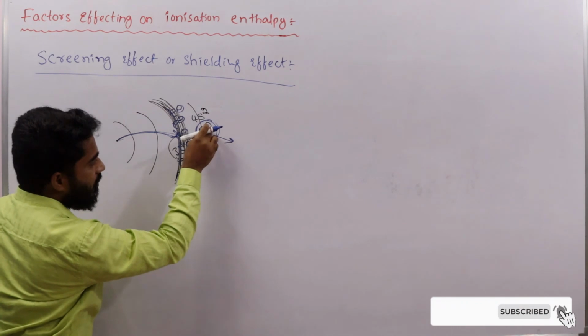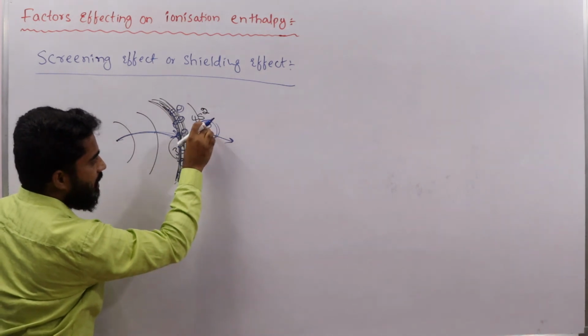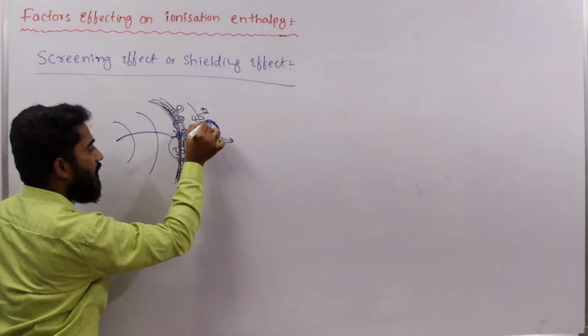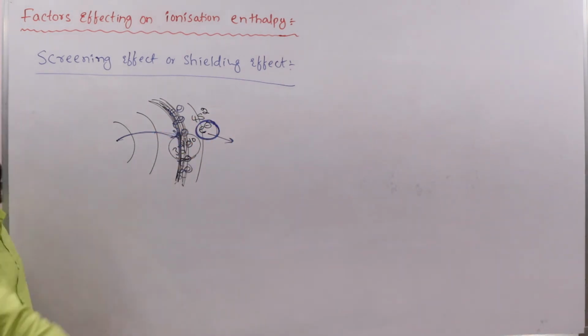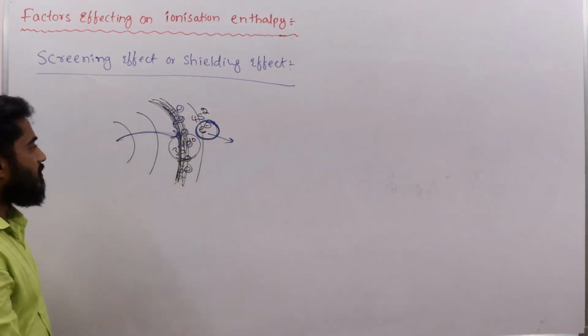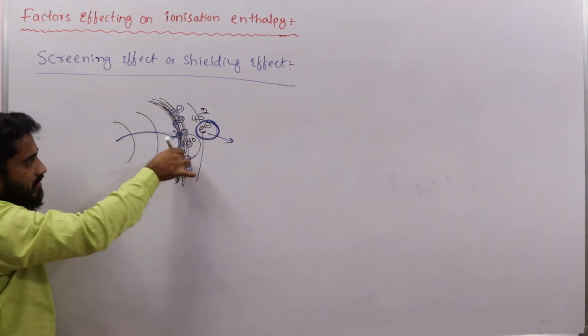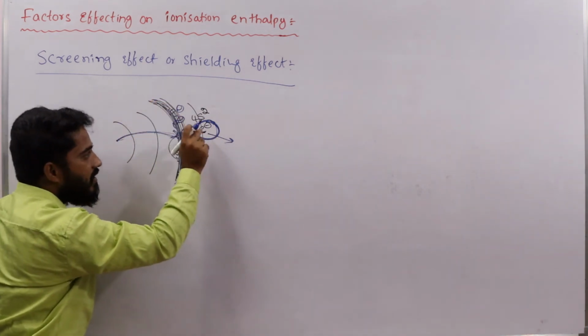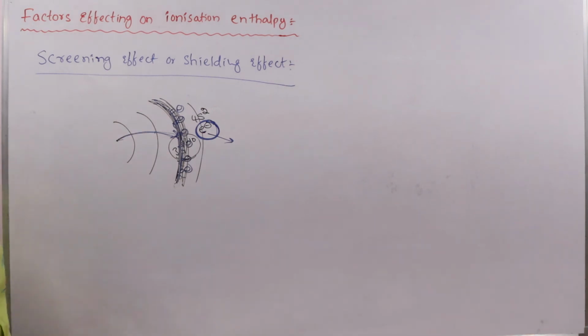Because of the less nuclear attraction on the outermost electron, we can remove it very easily, meaning less energy is required. The inner electrons' capacity to stop nuclear attractions on the outermost electron is nothing but the screening effect.